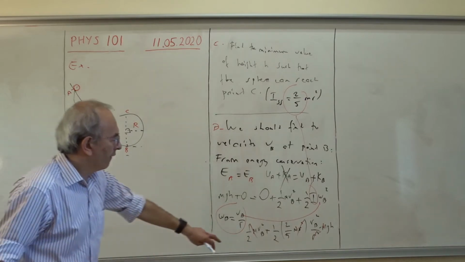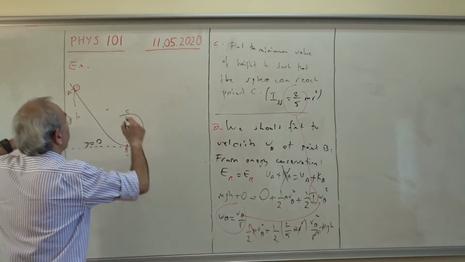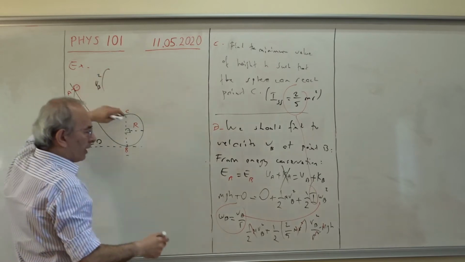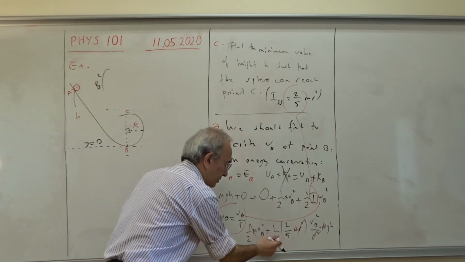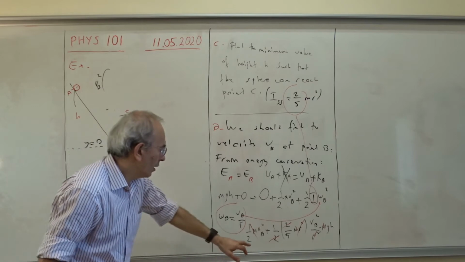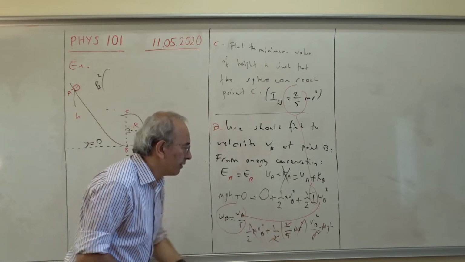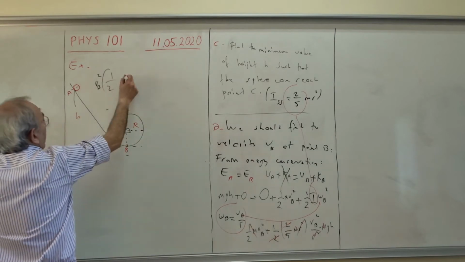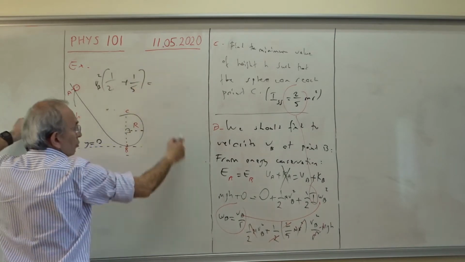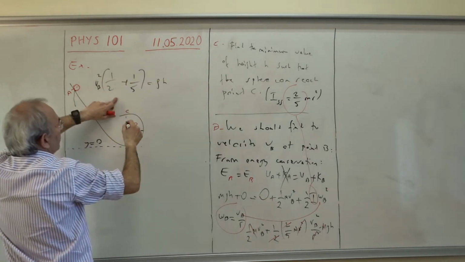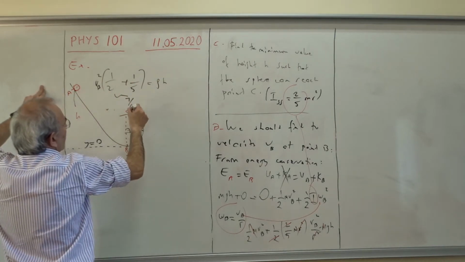So we have Vb squared multiplied by, these twos also will cancel, 1/2 plus 1/5, which is equal to just gh. 1/2 plus 1/5 is 7/10.